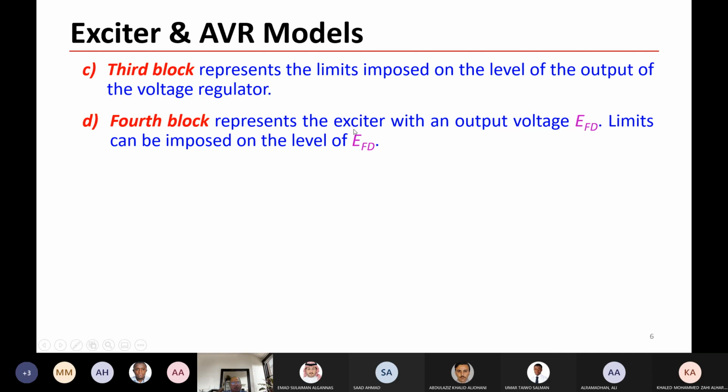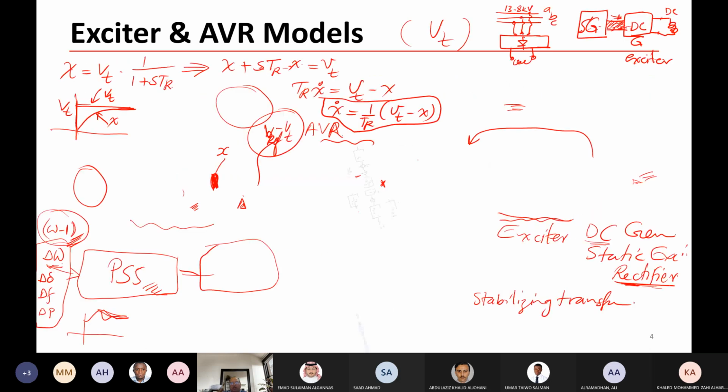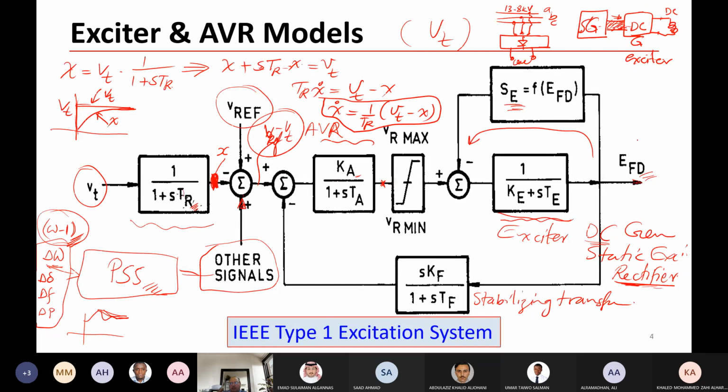The fourth block represents the exciter with an output EFD. Limits can be imposed on the EFD, so you can have some kind of limiter here to limit the output value.